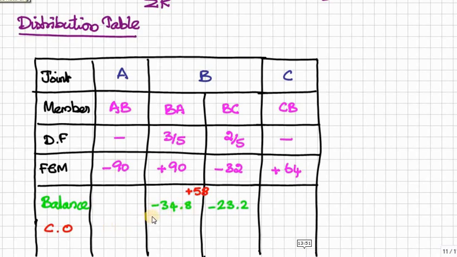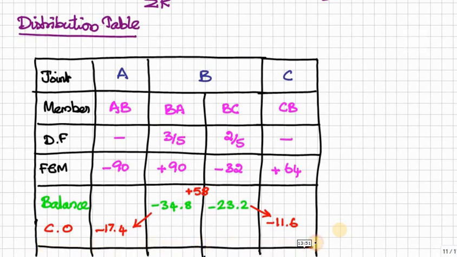Minus 34.8 divided by 2 is equal to minus 17.4. Similarly, here also, because C joint is fixed, therefore half of the moment will be distributed to CB member, which is equal to minus 11.6. So this is the one cycle over.